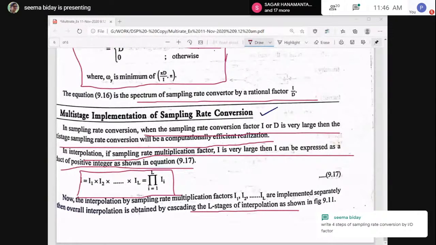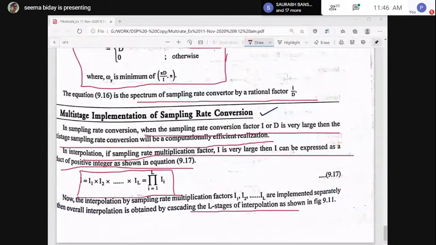Next question. What is the effect on spectrum in the interpolator and decimator? Write the equation.